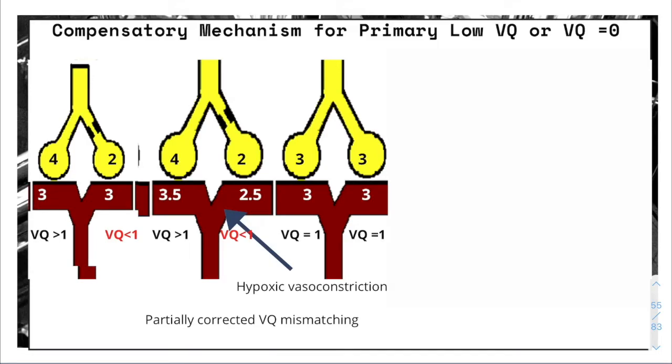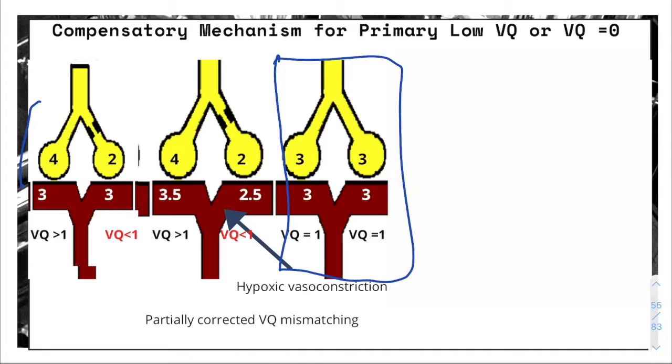Okay, what will be the compensatory mechanism for a primary low VQ or a VQ of 0? This will again be your ideal setting wherein your VQ is equal to 1.